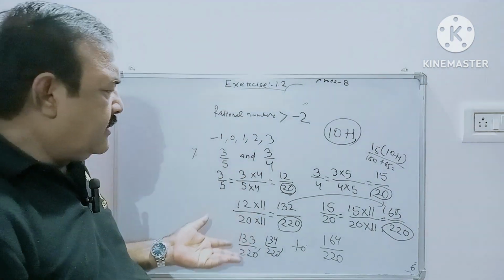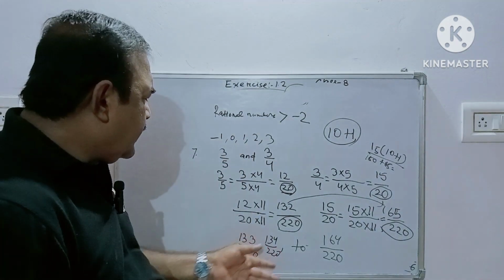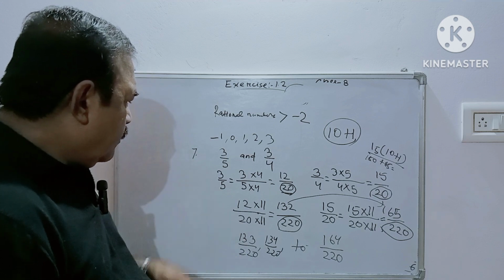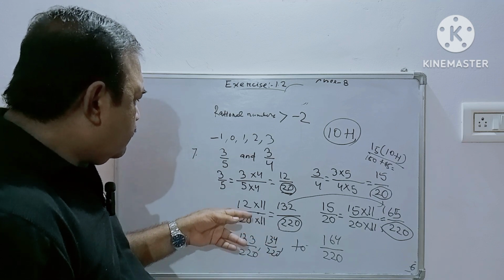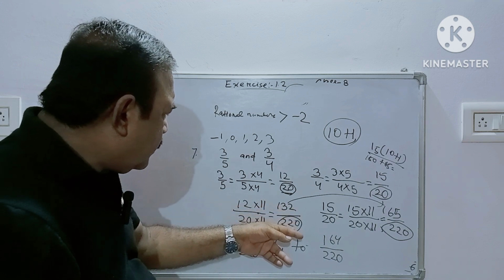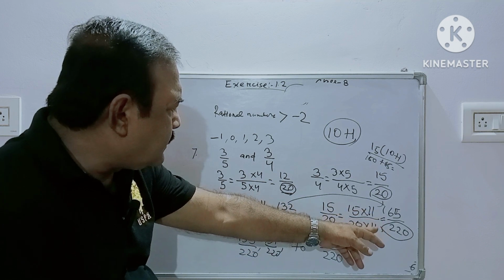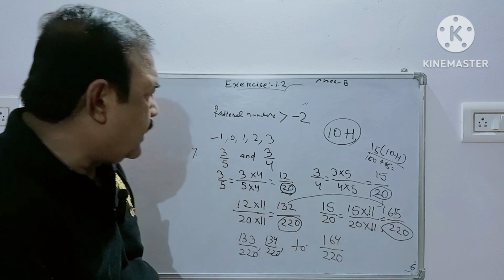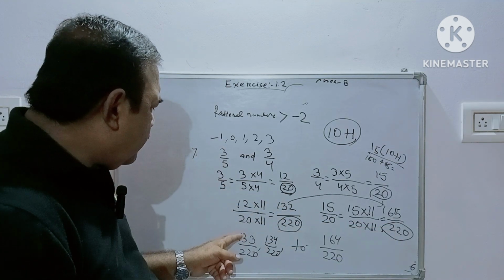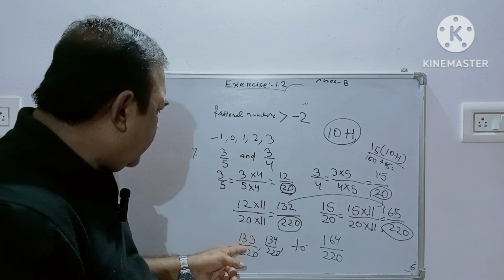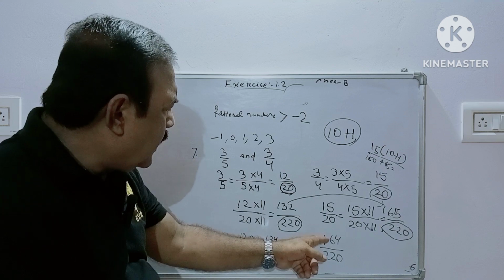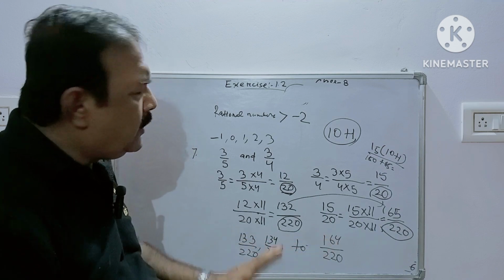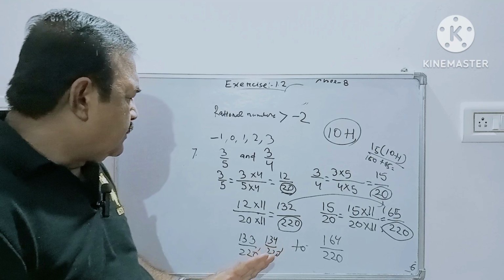We can easily find any rational number between 132 upon 220 and 165 upon 220, that means from 133 upon 220 to 164 upon 220 we may take.